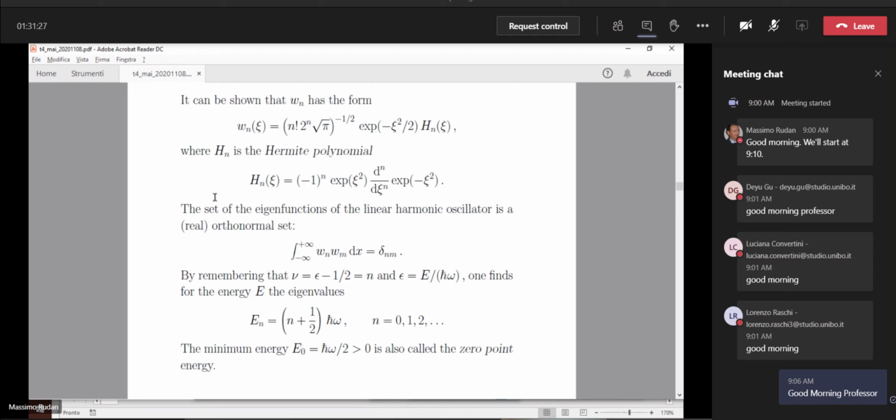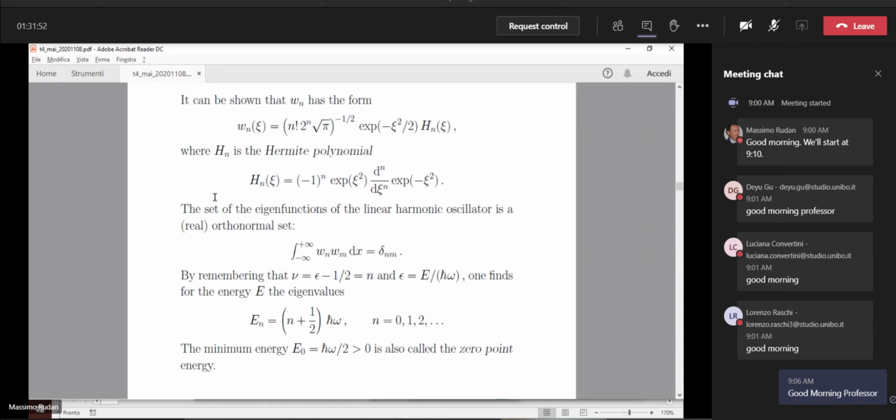You can see that actually there is a constant, 1/2 h bar omega. So even if the index is the minimum, that is n equal to 0, the linear harmonic oscillator still has an energy, and this energy is E0 equal to 1/2 h bar omega.